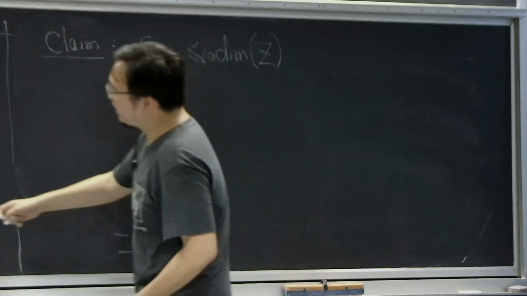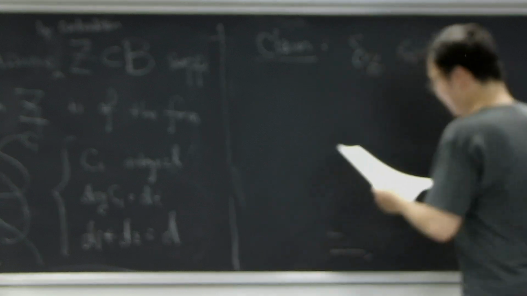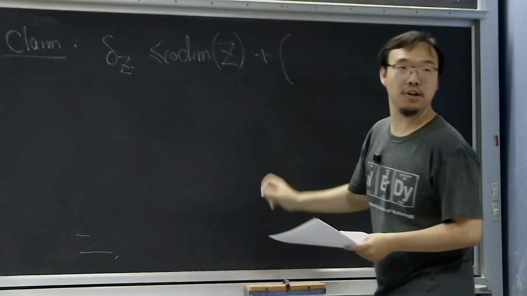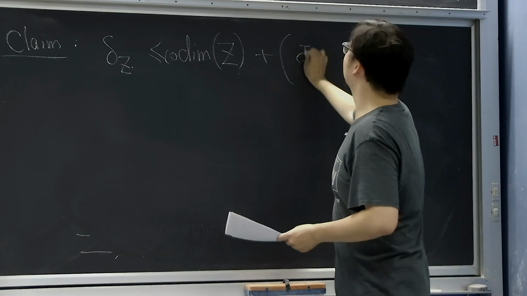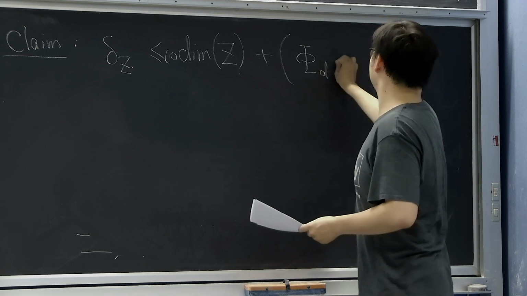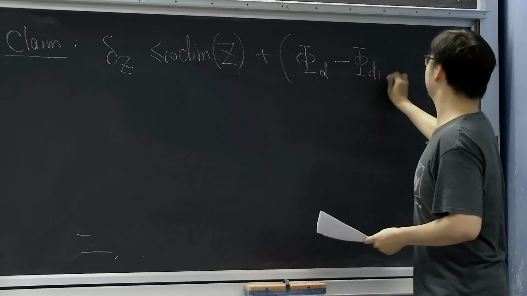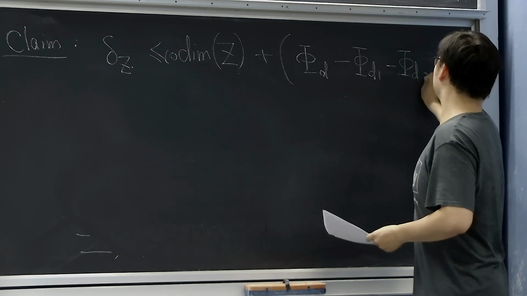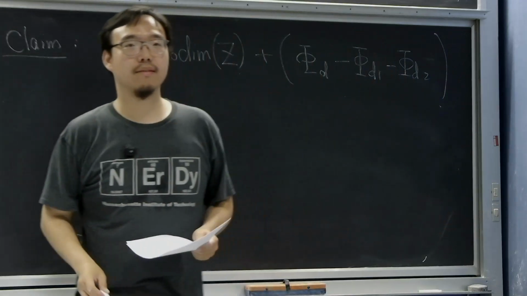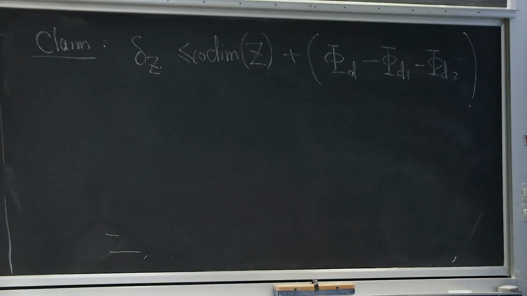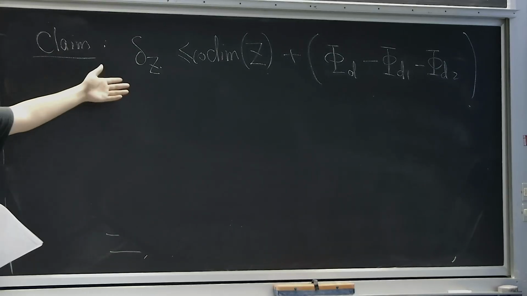But where it breaks, then it will further have a correction term, which is given by this function phi d minus phi d1 minus phi d2. So this is the new multi-Savary inequality.